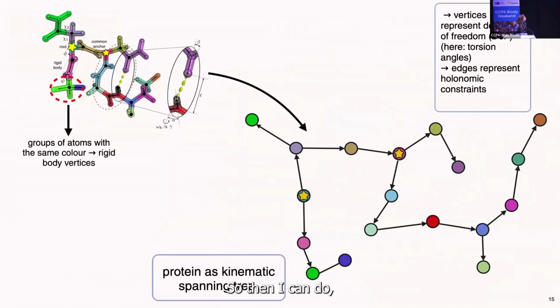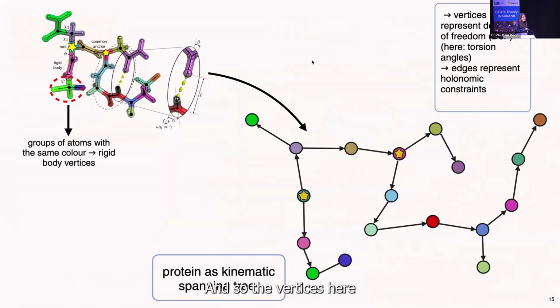From there, I can also represent the protein as a kinematic spanning tree. Instead of the atomic representation, I now have the rigid groups and how these rigid groups move with each other.